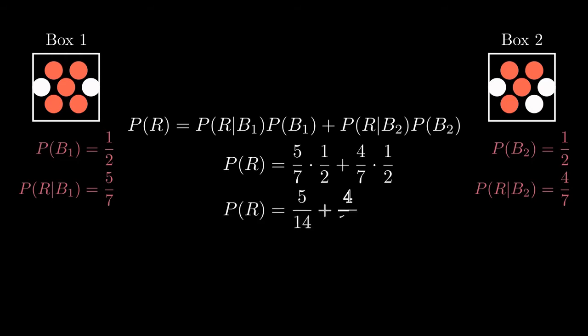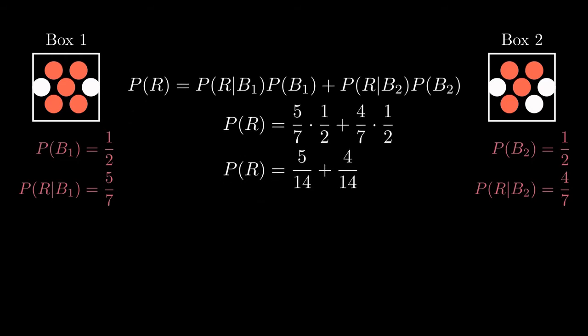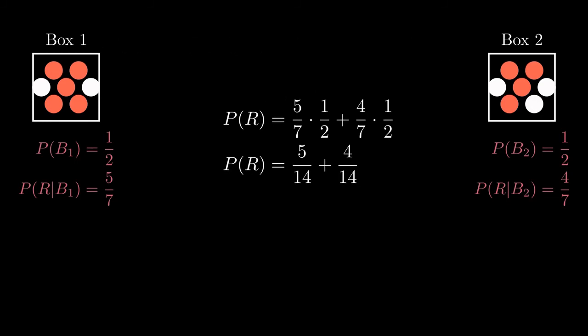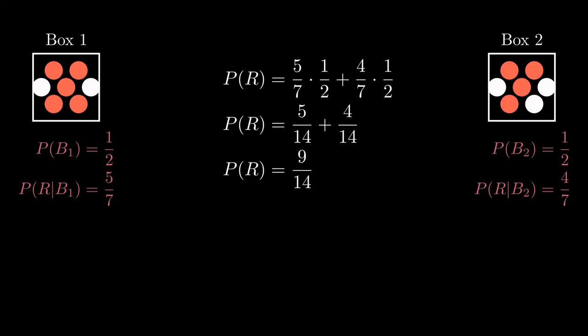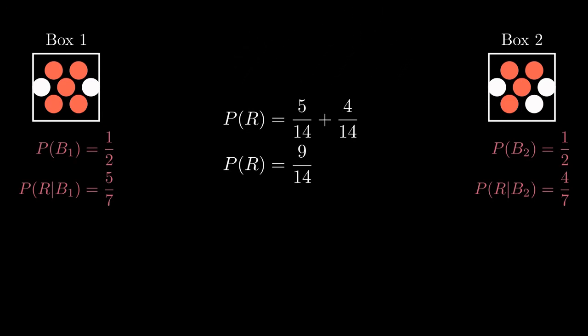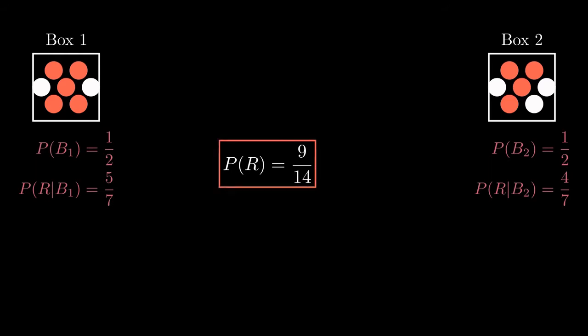So we're just working out these numbers. No big deal. Final probability, 9/14. A little more than half, which makes sense. Put that over there.